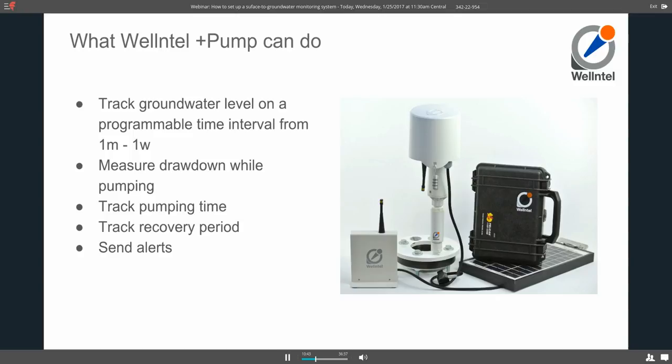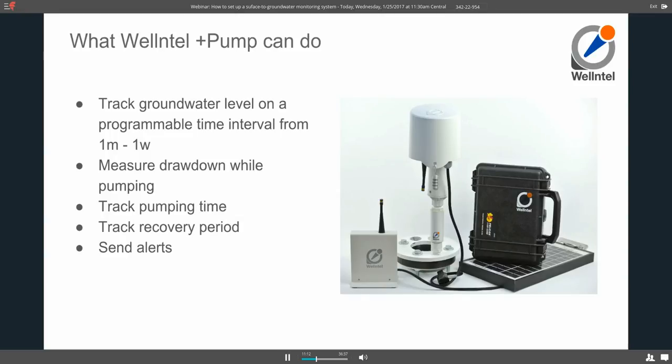Maybe more important than just simply measuring drawdown, it's tagging pump-influenced measurements and applying metadata to those measurements so that they can be included or excluded appropriate to a groundwater model. But because it's doing that tagging, that means we can also isolate and track the amount of time that a pump runs in a well, or conversely, the amount of time that a pump doesn't run.